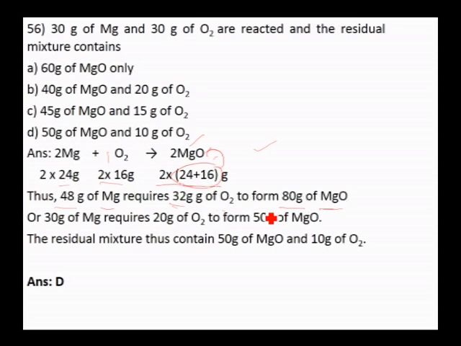But we are not reacting 48 gram and 32 gram. Here the problem says we are reacting 30 and 30 grams.